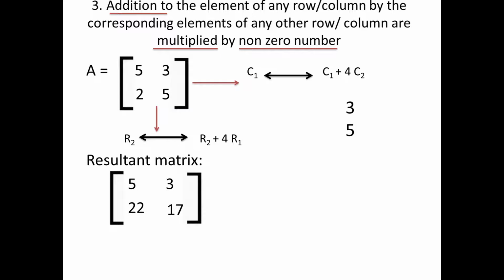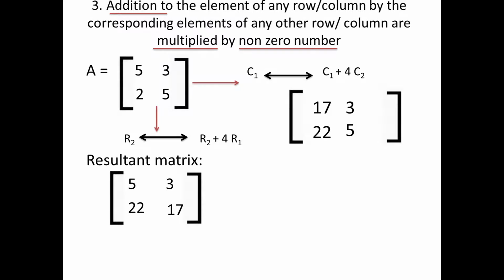So 5 plus 4 times the first element of column 2, that is 4 into 3, plus 5. So I will get 17. In the same way, the second element of column 1 is 2, and the second element of column 2 is 5. So 2 plus 4 into 5. So I will get 22. So this is my resultant matrix in the case of column transformation.